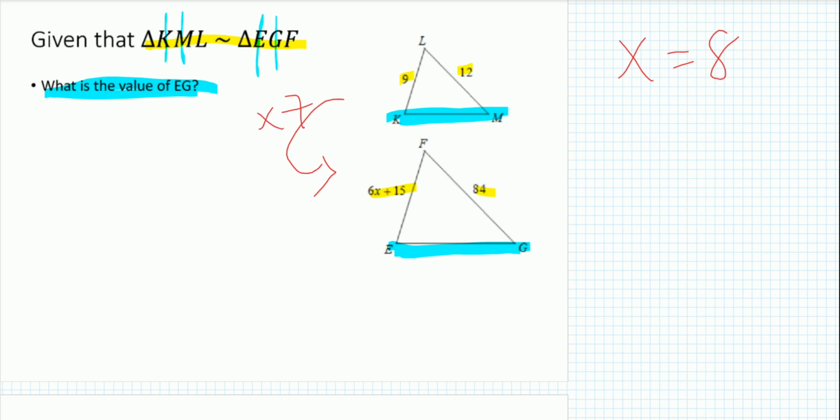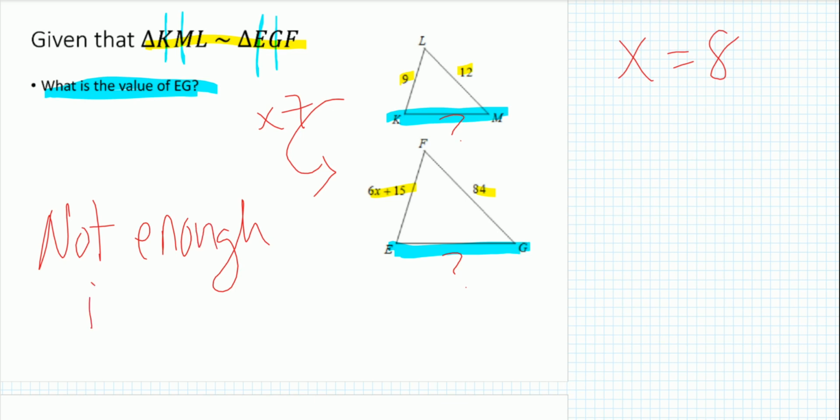The only thing though is that I have no information there at all. So this problem is technically not enough information. There's no way for me to solve it, unless I'm making up numbers, or I go ahead and do some other sort of math that will give me a number or maybe an angle or anything like that.